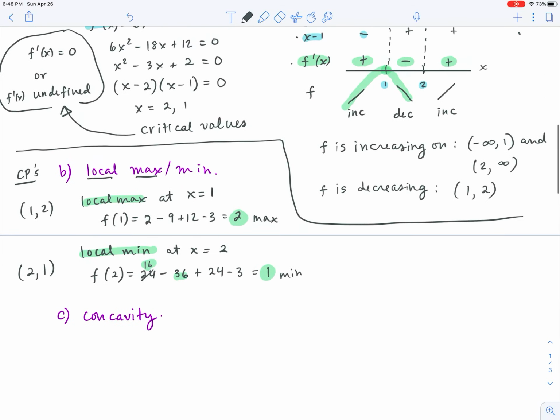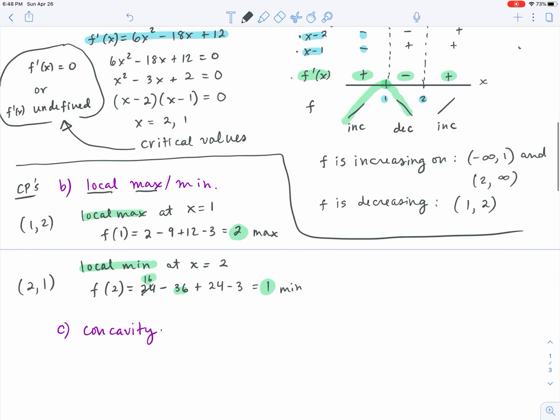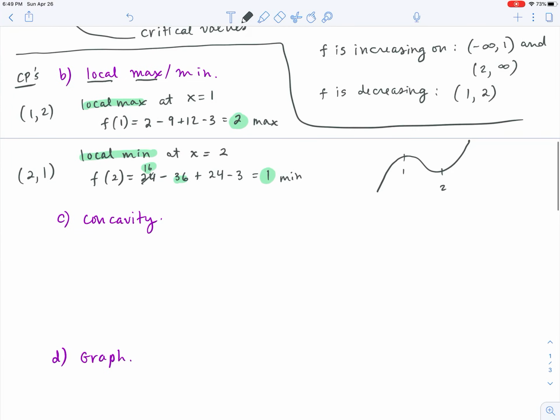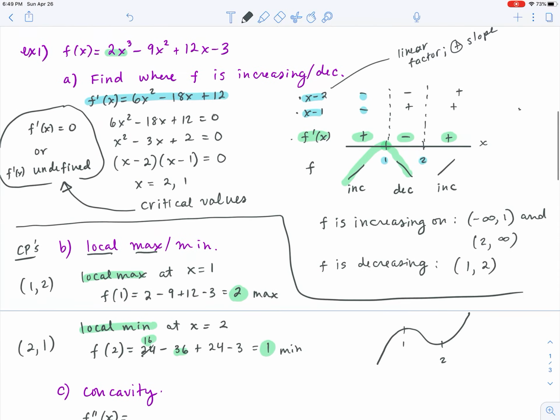Now, concavity, we do already kind of know, because we already know that the graph is doing this. Okay. So we have some sense that this is happening at 1, and this is happening at 2. And so from there we can kind of see where the concavity takes place. But let's go ahead and use the second derivative, set it equal to 0 to confirm what we've done.